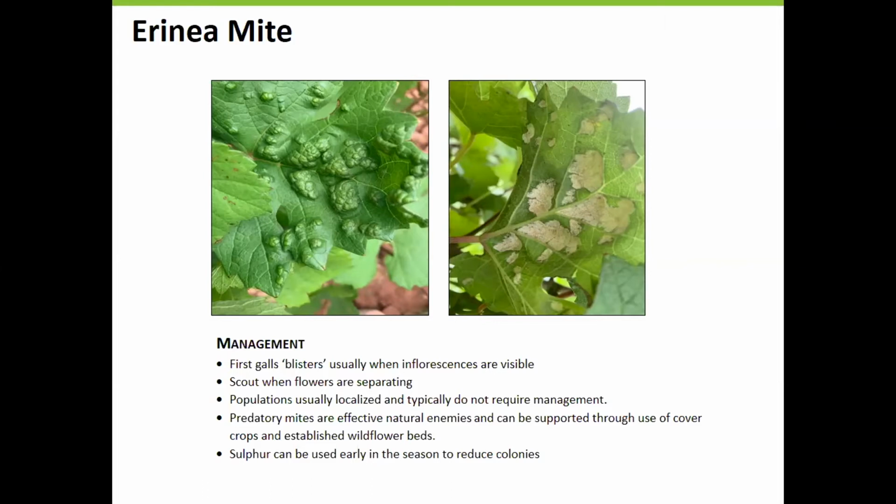But typically sulfur early in the season will do double duty: mildew, and it will knock these guys down. But I warn you, it will also take down some of the beneficials that attack this mite. So in most cases in Nova Scotia, I've seen really good balance within the vineyards. We'll see some pockets of this, but there's enough of the beneficial species that this is actually managed without intervention.